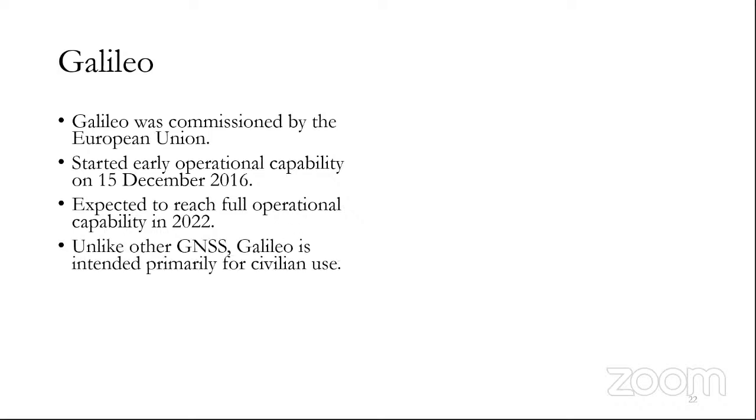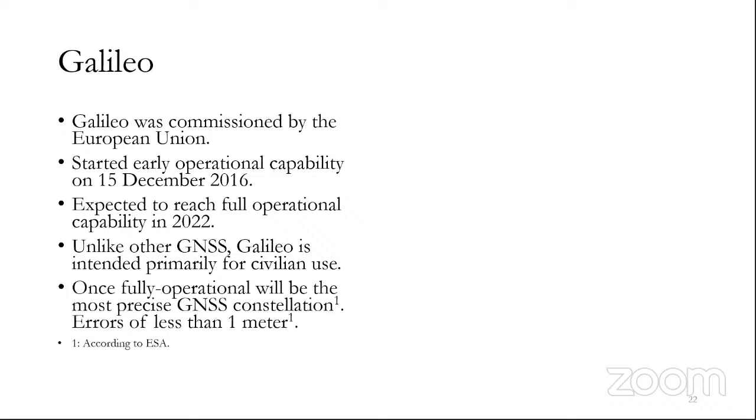Now, unlike GPS and GLONASS, which are at the end of the day military systems, and their main priority is for military objectives, Galileo is intended primarily for civilian use. And according to the European Space Agency, it is controlled by civilians.